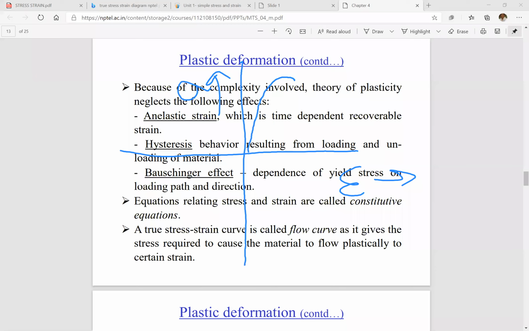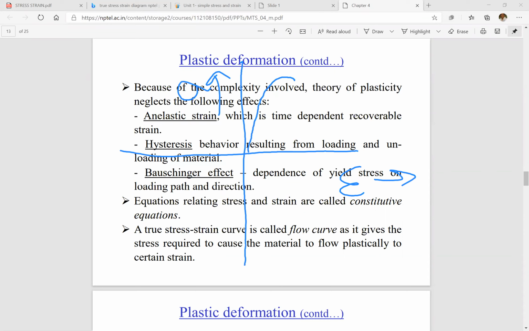If at that instant we remove the load from the body, then what happens to the material? The way the material deformed, this is the line. When we say elastic deformation, that means the material will regain its original shape and size. How will it regain its original shape and size?